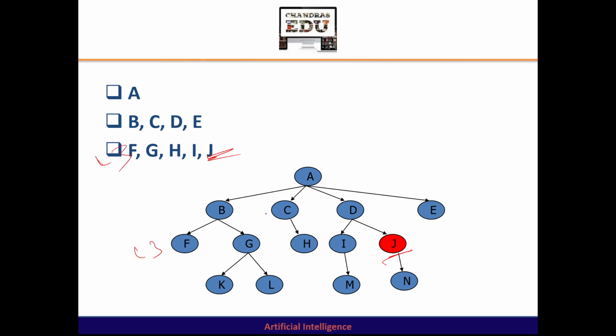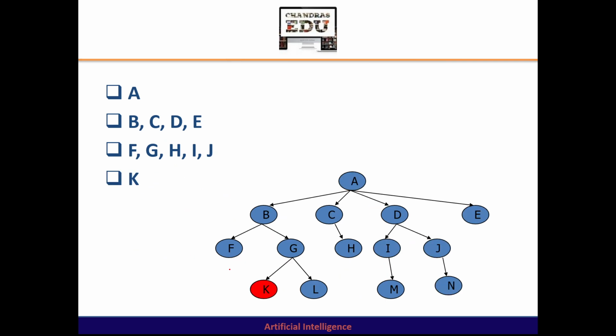As all the nodes in level 3 are covered, it will go for level 4, where we have the first element as K. So F has no further element, so it will check G. G's next element is K, that is in level 4.